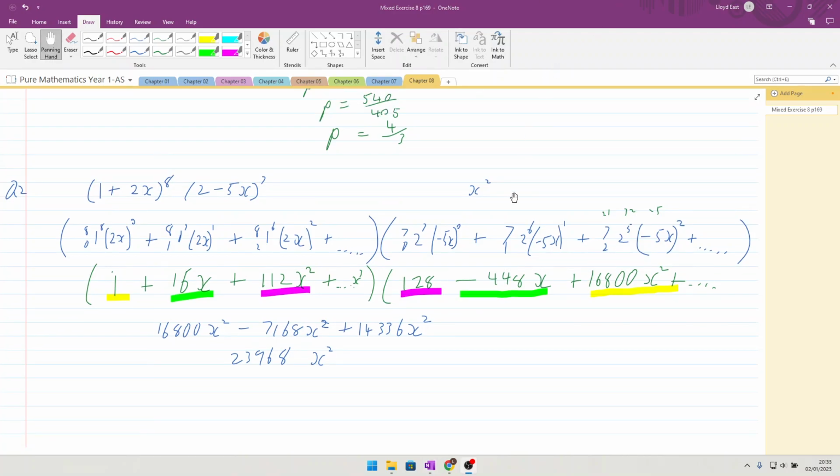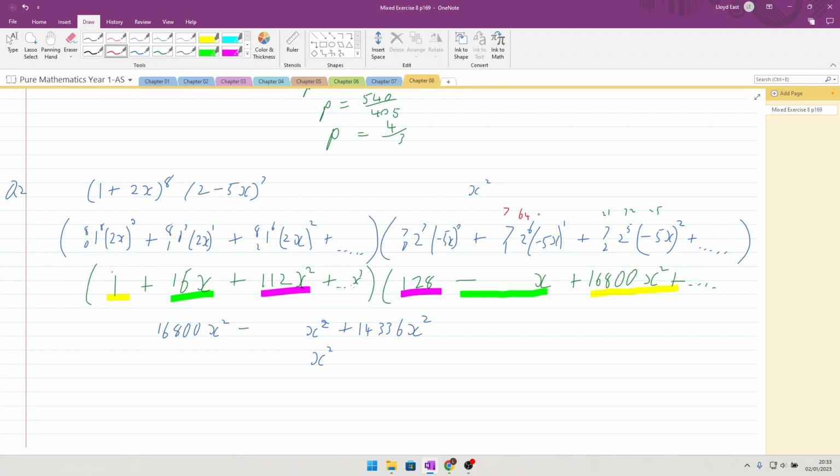So you no doubt heard the distraction in my voice and wondered why this is giving me a different answer, okay, to what's in the back of the book. So the 7168 here is wrong because the 448 is wrong. Okay, so what happened here? We had 7 times 2 to the power 6, which is 64. And when you multiply them, 7 times 64 is 448, like we had.